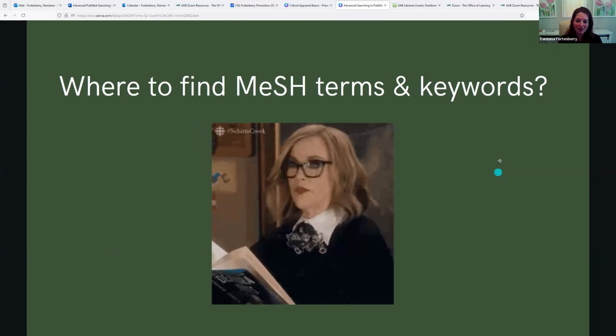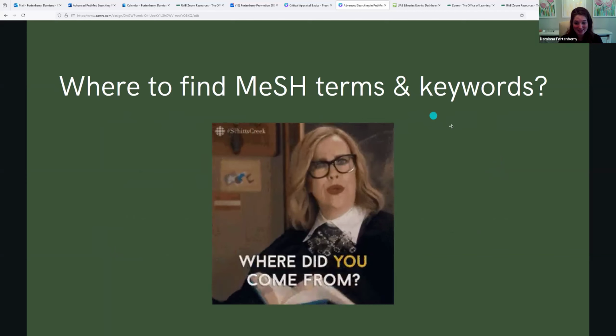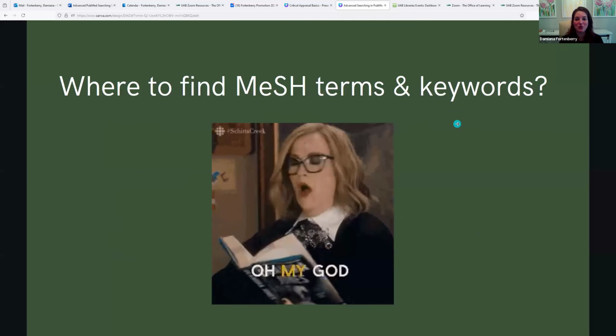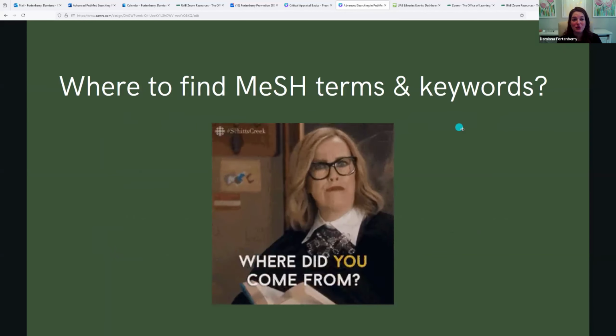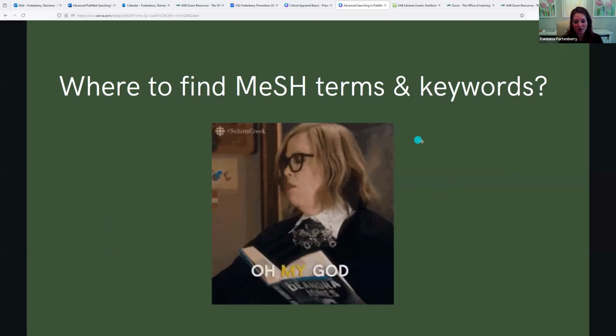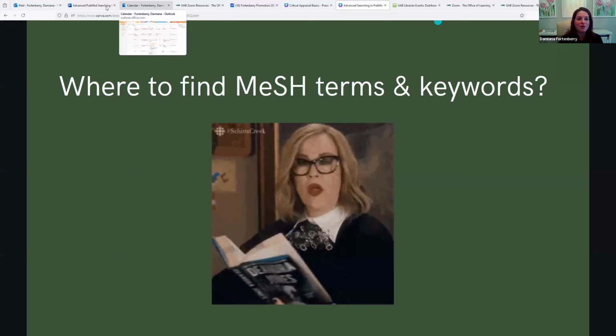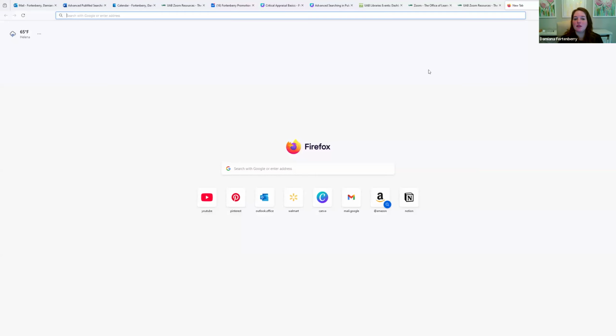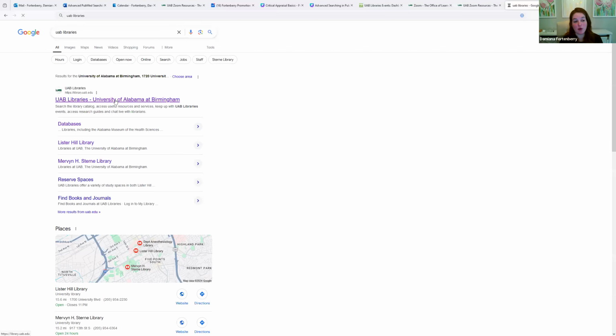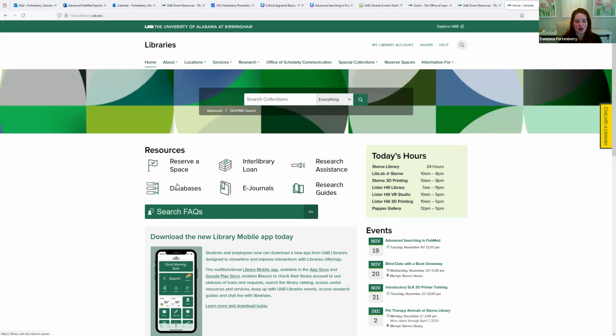Okay, so now I'm going to show you where to find these things, because it's all well and good to want them included in your search, but now we need to talk about where to actually go to get those. So I am going to bring up UAD libraries. I'm going to get there from the home page so you guys can just see really quickly how to do that.